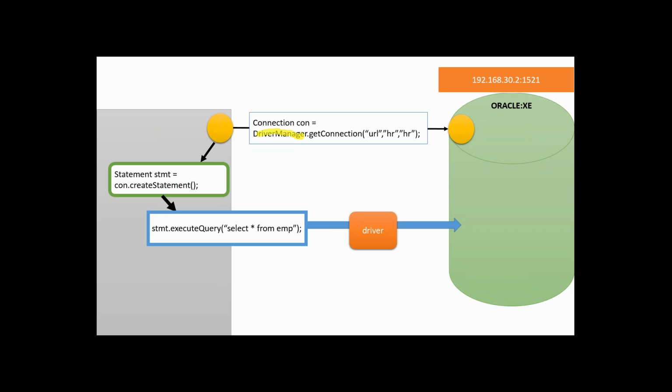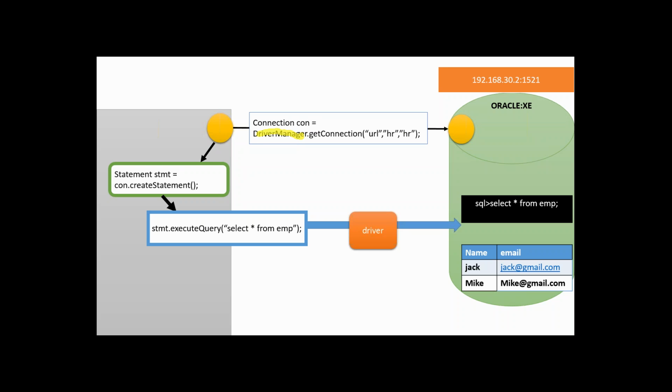Once the statement is executed, you get the result set. Now this result set should move from the database to the Java program. The mediator, or the broker, in between is the driver. The driver will help you ship this result set to the Java program.